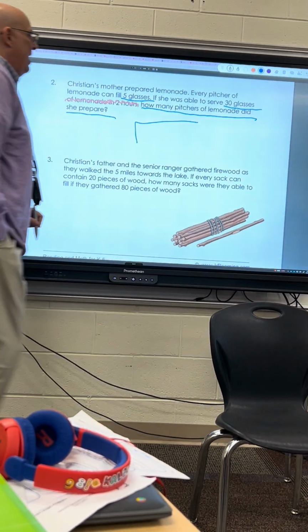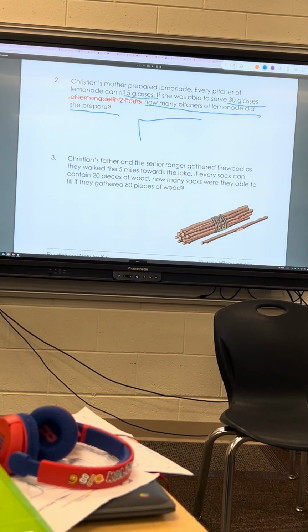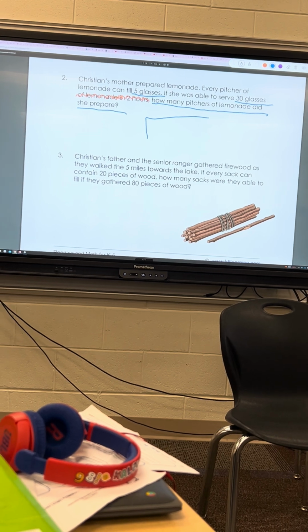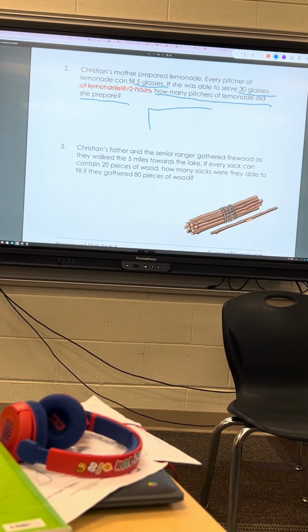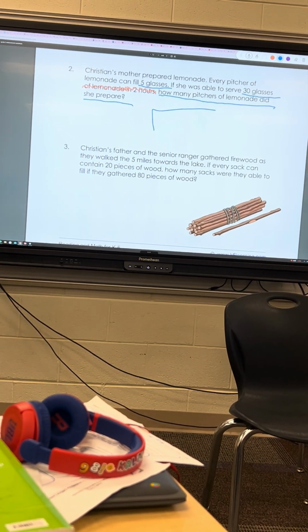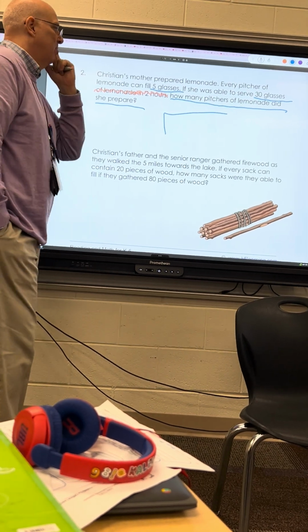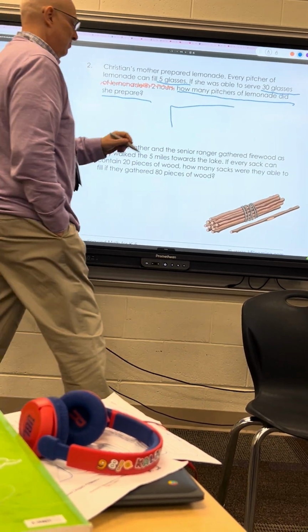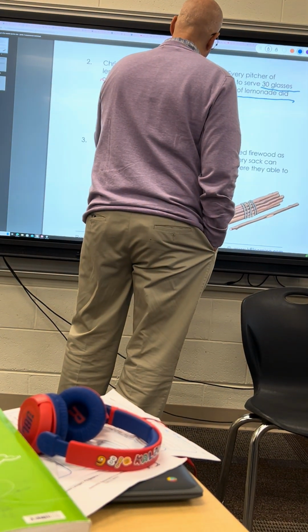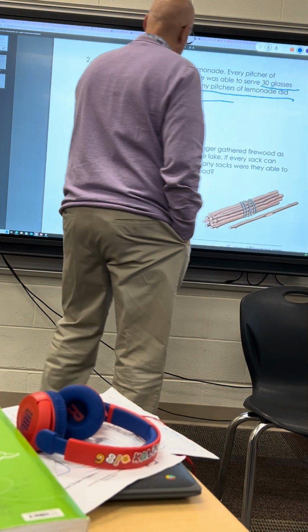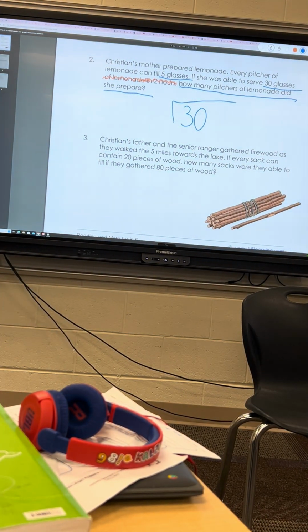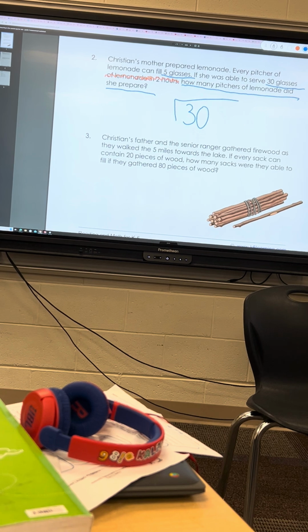Now, what are we dividing? The what? 5 in the outline. We're dividing one of those numbers. 30. We're dividing 30. We're dividing 30 by what?